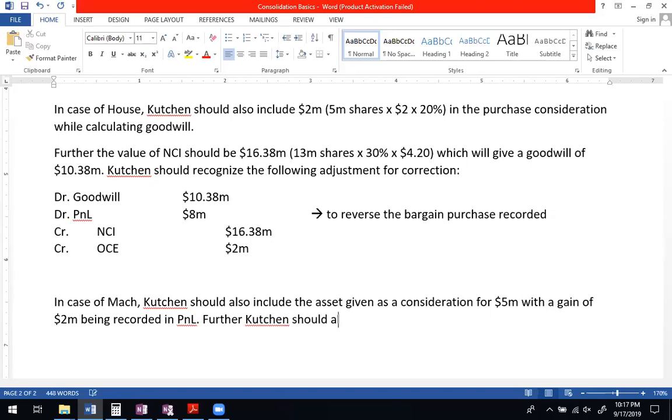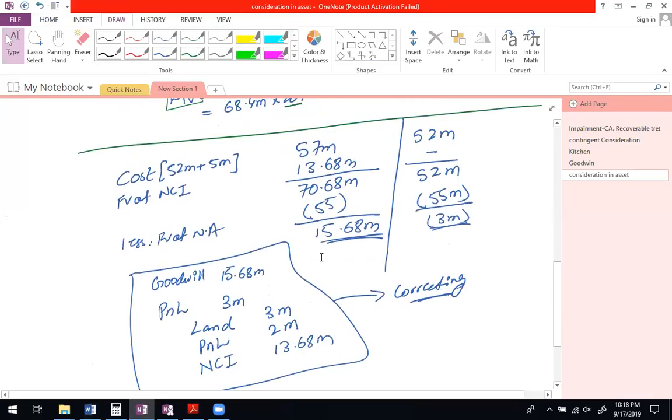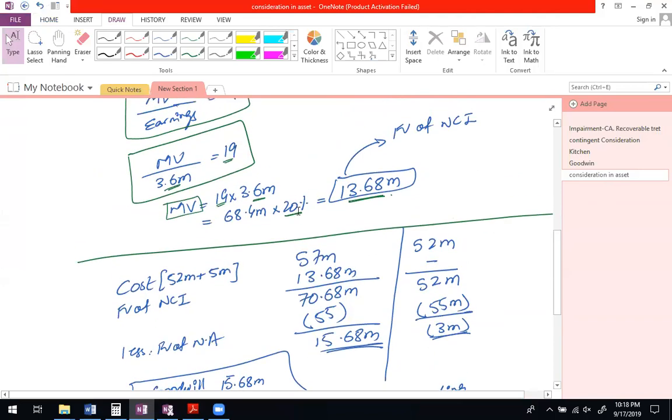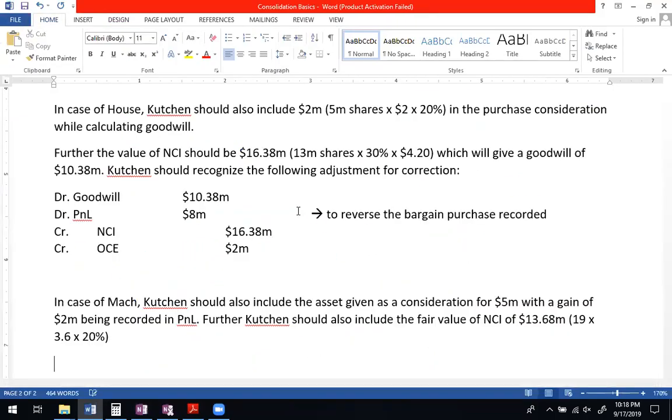Further, Kuchin should also include the fair value of NCI of $13.68 million, which we have calculated as 19 into 3.6 into 20%, which would result in a goodwill of $15.68 million.